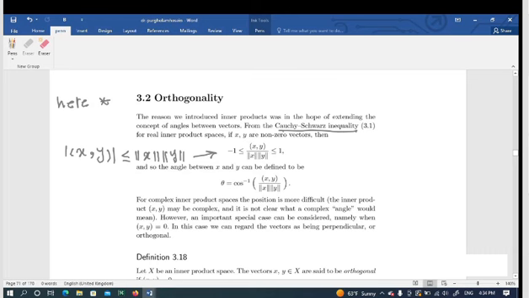I remind you that if the absolute value of a is less than or equal to b, then we can say that a is between minus b and plus b.